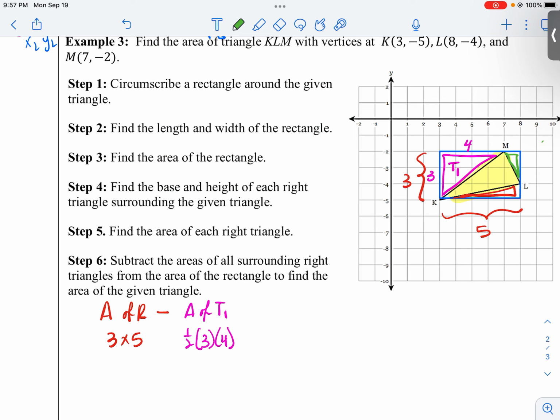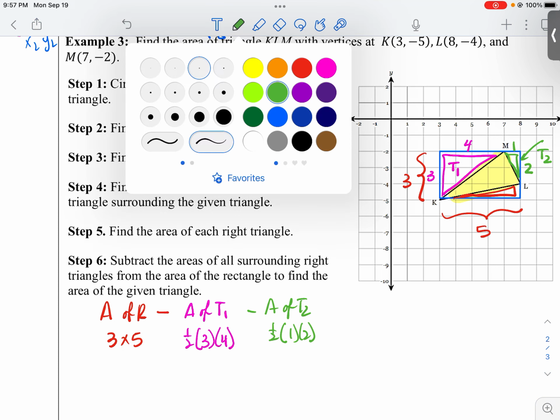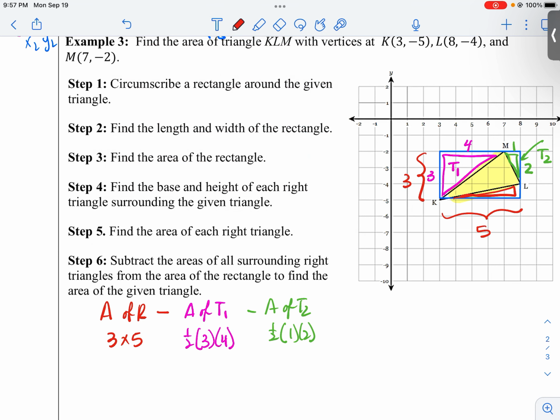So we'll call this triangle 2, and this is 1 by 2. So I'm going to subtract the area of triangle 2. That's half of 1 times 2. And then we'll do the red one, and that is area of triangle 3. And that's 1 by 5, counting 1, 2, 3, 4, 5. Half of 1 by 5.